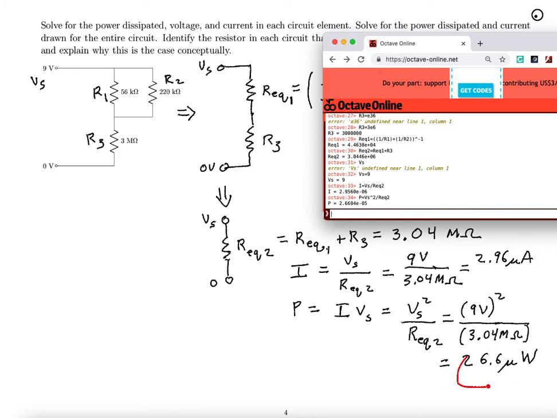Not much power is consumed, only a few microwatts. That's because the very large current limiting resistor limits currents through the whole circuit, which keeps the power consumption quite low. It's quite a large current limit.